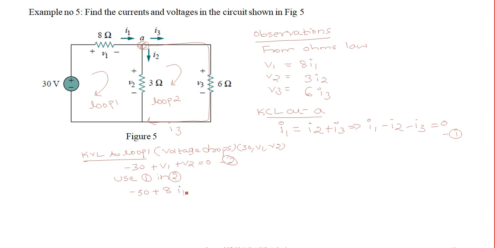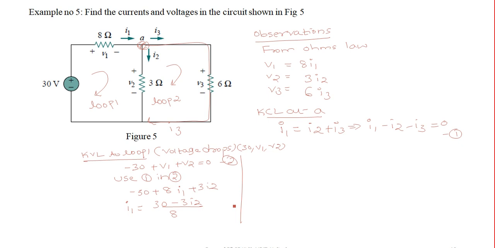V1 is 8 times I1, and what is V2? 3 times I2. So if you try to define what is I1, I1 turns out to be (30 minus 3 times I2) divided by 8. Okay, so this is one condition in the example here.